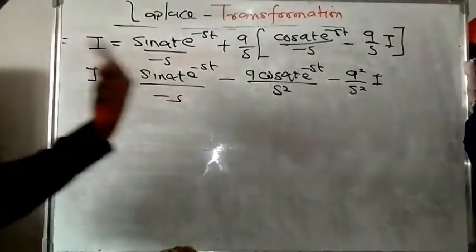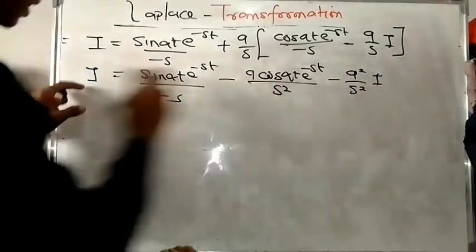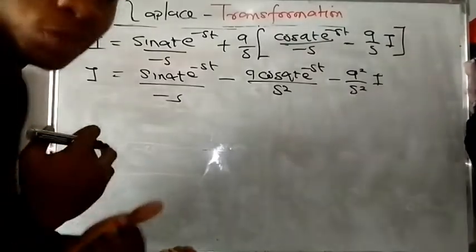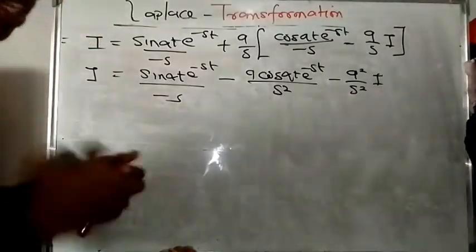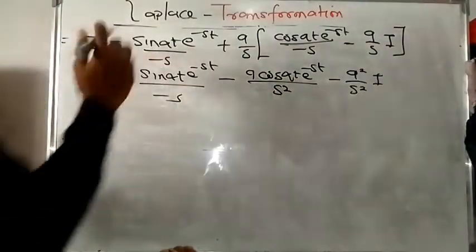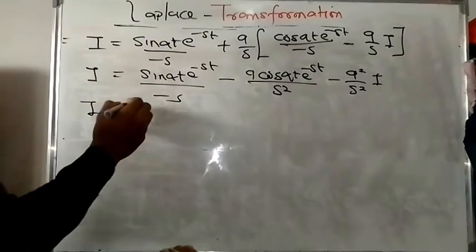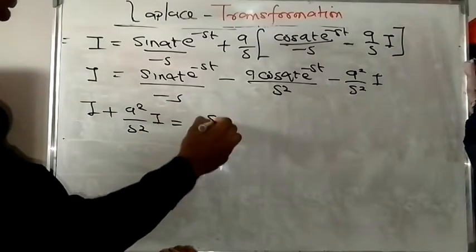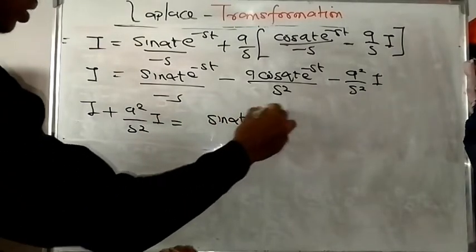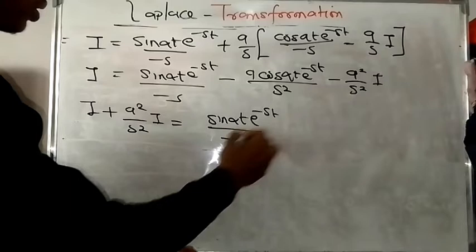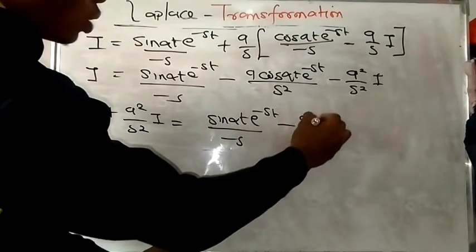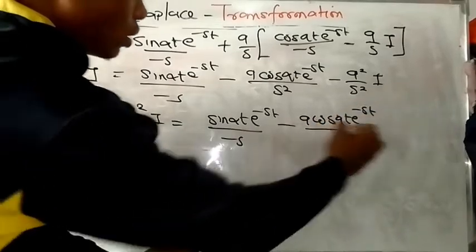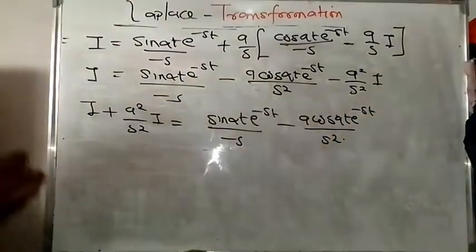So now we're going to collect like terms, because this is I and this is I, and this one is having I. So bringing this one here, we want to make I the subject of the formula, because we are looking for I. So bringing this one here, we have I plus a squared divided by s squared I, which is equal to sine at exponential minus st divided by minus s minus a cos at exponential minus st divided by s squared, right?